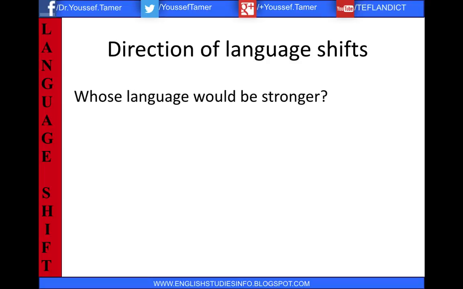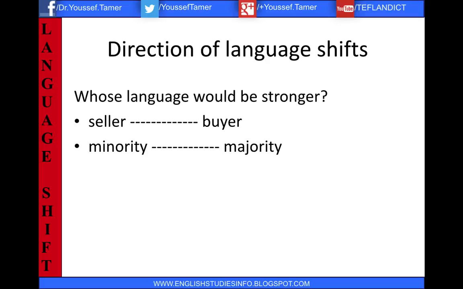Now we try to talk about the reasons again. Whose language would be stronger? And we're talking here about directions of language shift. The seller adopts the language of the buyer. Minority adopts the language of the majority. Poor adopts the language of the wealthy.